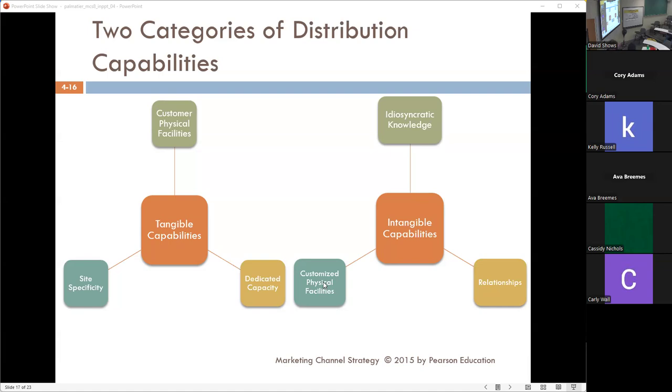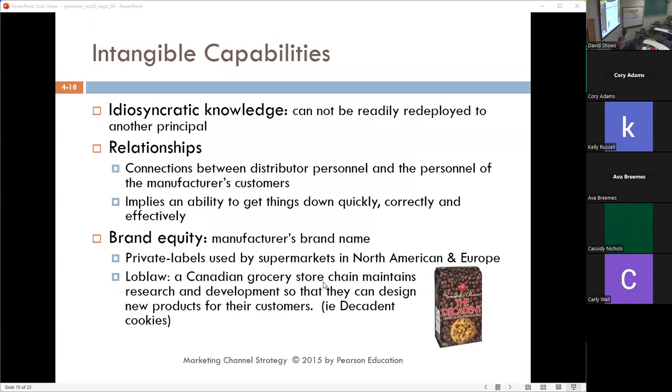And so it comes down to two groups, one that are called intangibles and the others that are called tangibles. The first one is idiosyncratic knowledge. You have a unique skill set that cannot be readily deployed to any other principal.